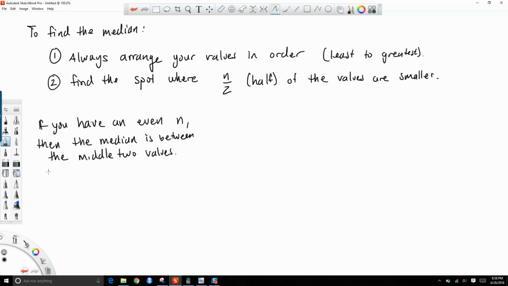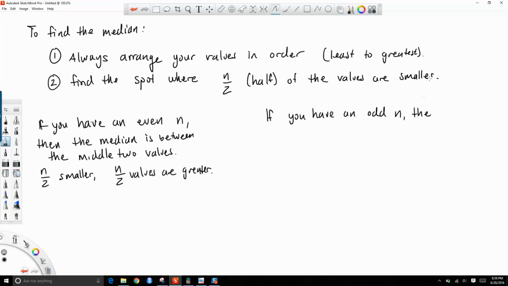Okay, you need to have n over 2 values smaller or equal, and n over 2 values greater. Okay, if you have an odd n, then the median is equal to this middle value.